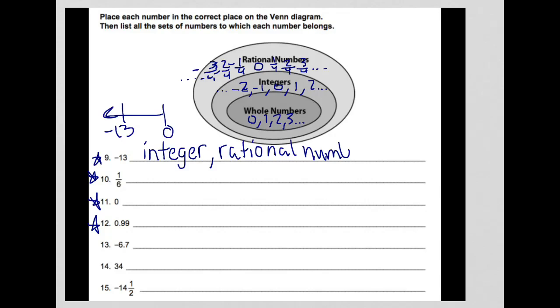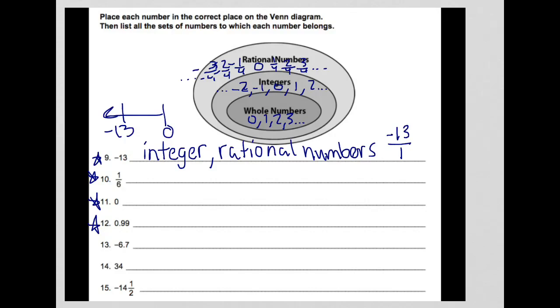And if I wanted to write negative 13 as a rational number, I could do negative 13 over 1, and that'd be my rational number. So negative 13 is an integer and a rational number. It is not a whole number, so we can't classify it as that.